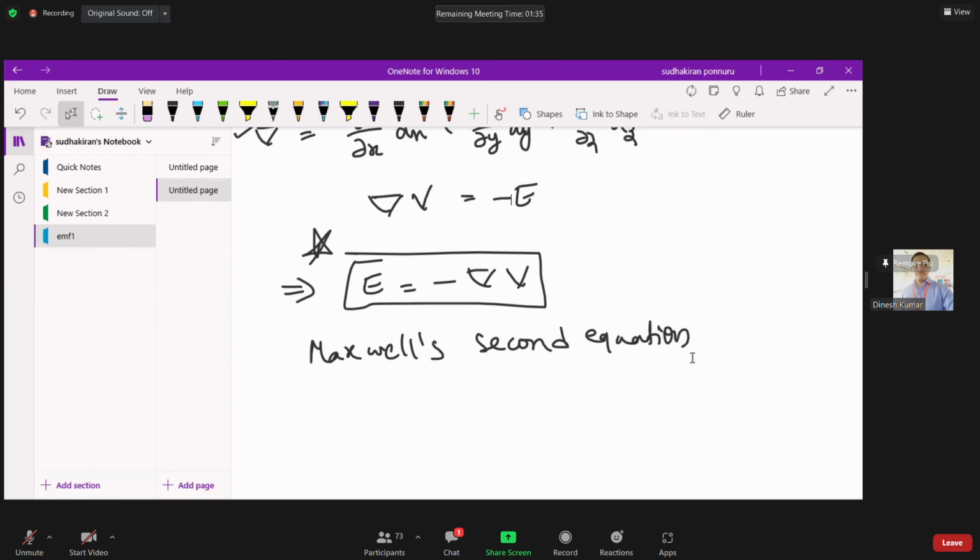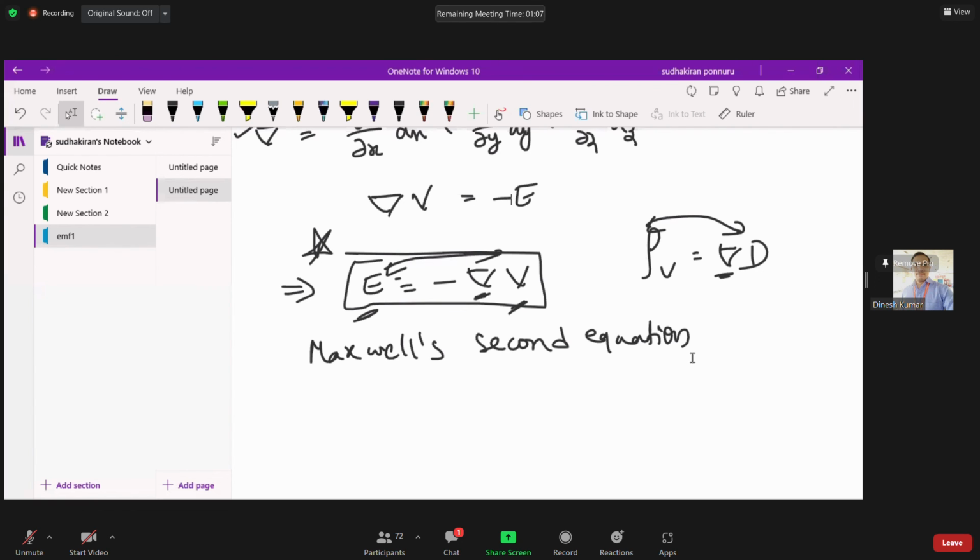Here also we have got the relation between electric field intensity E and electric potential V by making use of the del operator. Earlier, in the first equation, rho v is equal to del of D, so there also we related two parameters using del. Here we have related potential and intensity using the del operator.